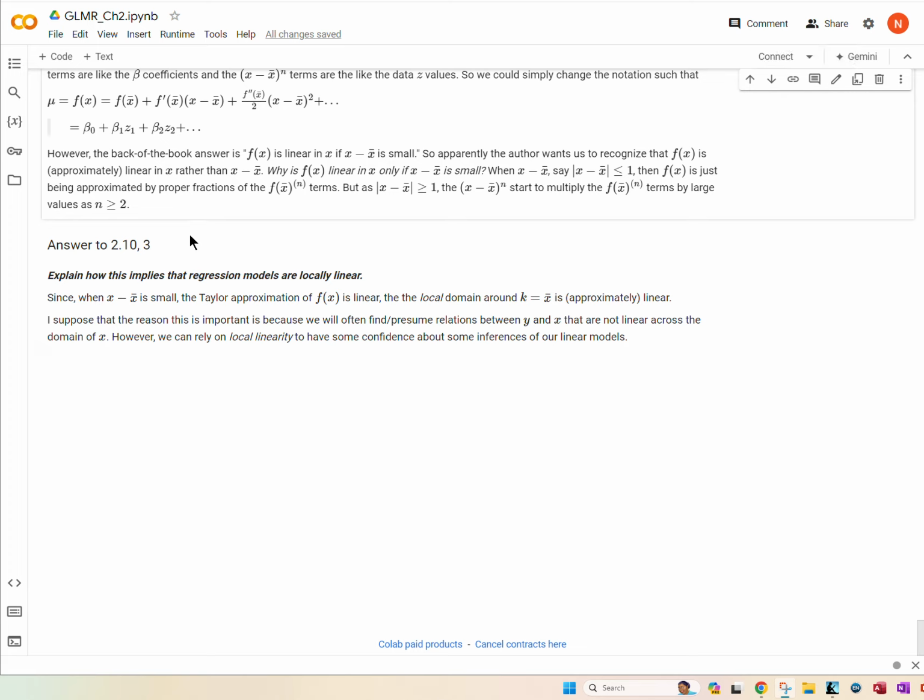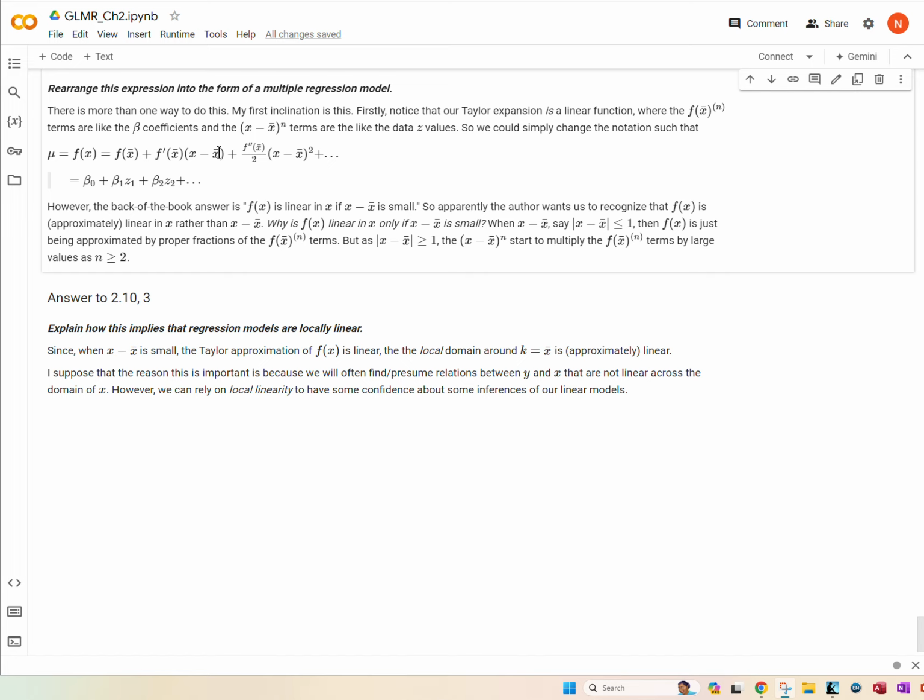So what do we mean by locally linear? Well, it means that when we're somewhere around x bar, just a small distance away from x bar, our Taylor series approximation is linear in the way that I've just described, right? That the changes in f of x are changing linearly, not superlinearly, with changes in x.